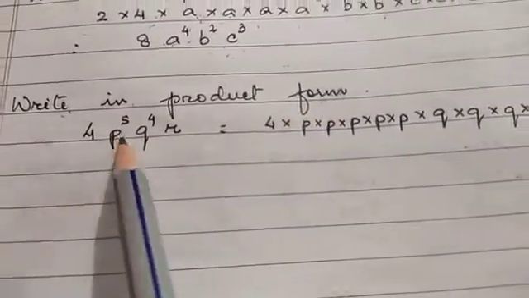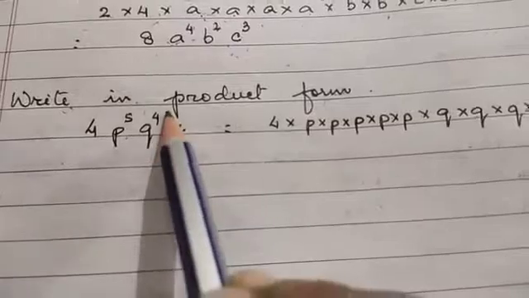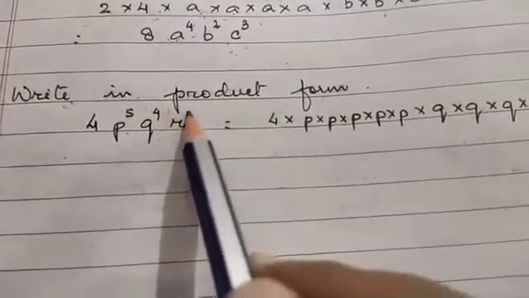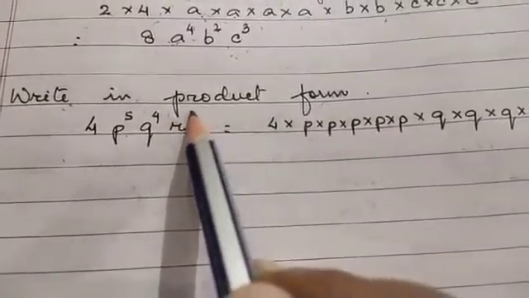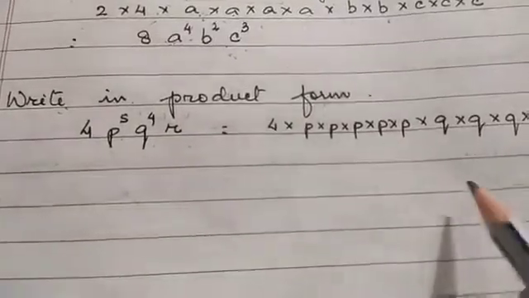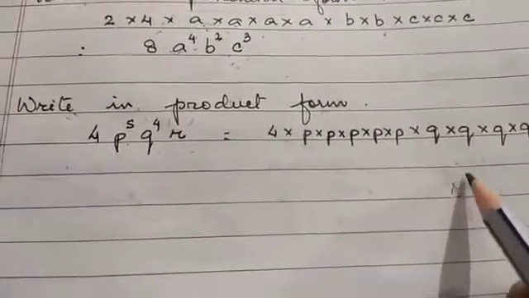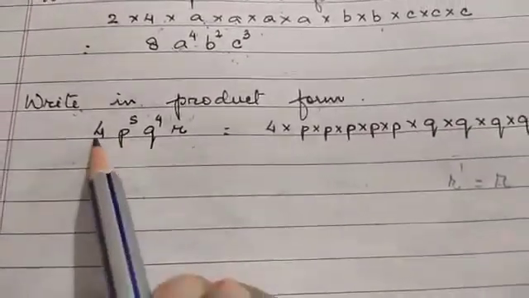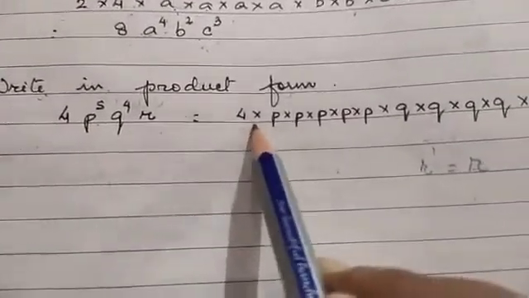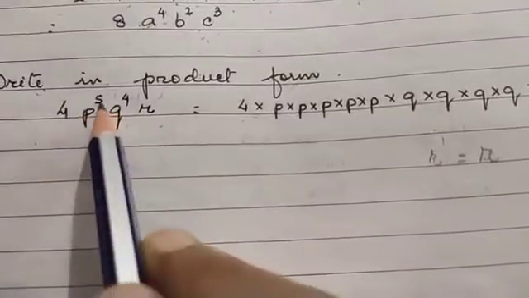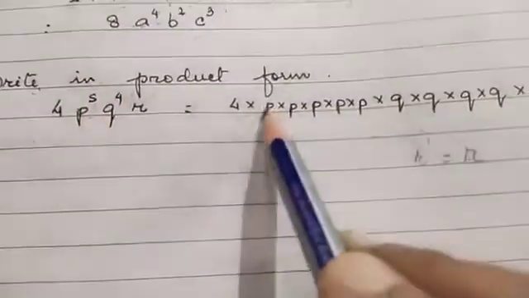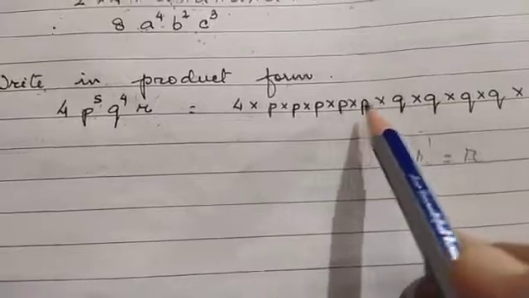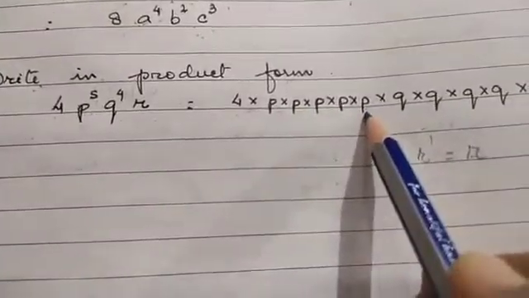4, P5, Q4 and R. Nothing above R means it is raised to the power 1, because any literal raised to power 1 is equal to the literal. So you will write 4 into P, which is repeated how many times? 5 times. So P into P into P into P into P, 5 times P you will multiply.